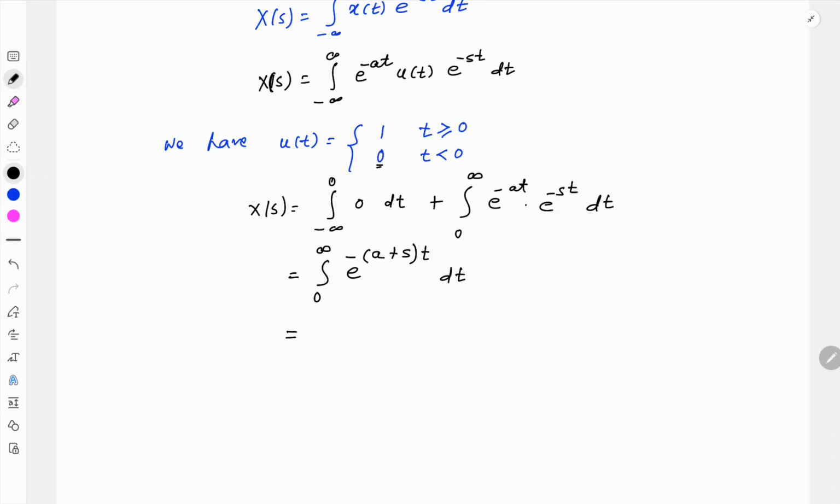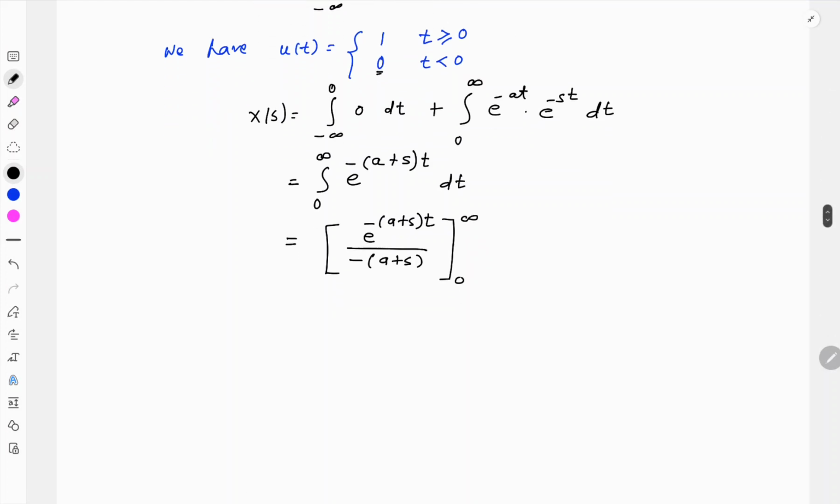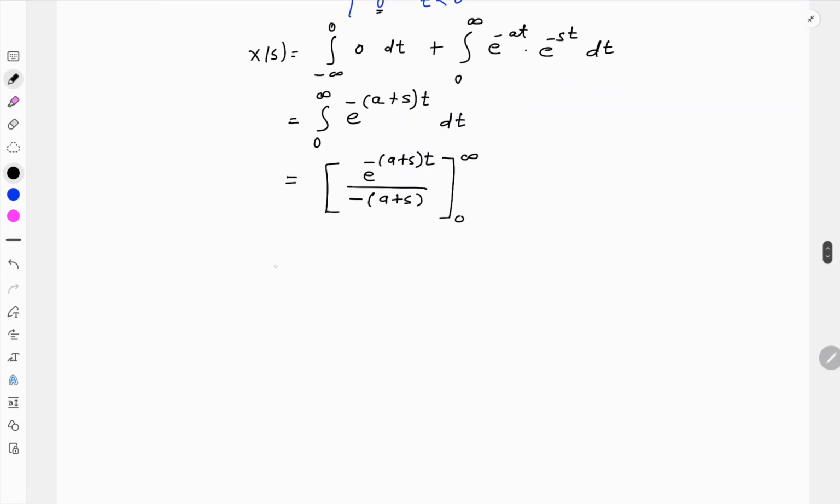Now let us simplify it further. If we take the integration of this equation, we get the integration of e raised to minus a plus s t, so it is e raised to minus a plus s into t divided by minus of a plus s, with the limits 0 to infinity. So let us simplify it further.